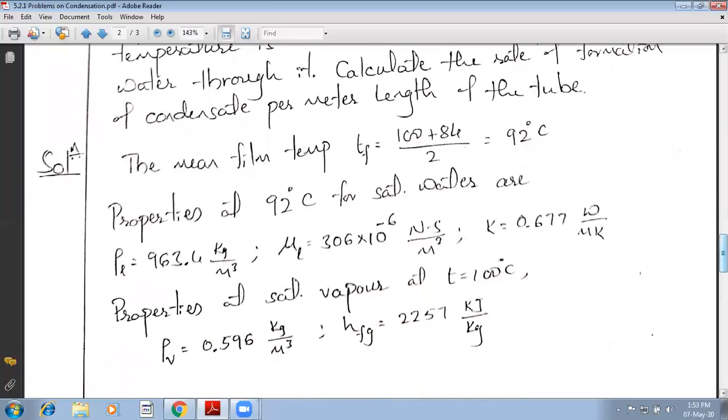In your steam table or in your data handbook, if you search for the properties, you may get them at 90 degrees or at 100 degrees, but not at 92 degrees Celsius. In that case, you need to take a linear interpolation. As you all know, (x minus x2) divided by (x1 minus x2) is equal to the corresponding property values.